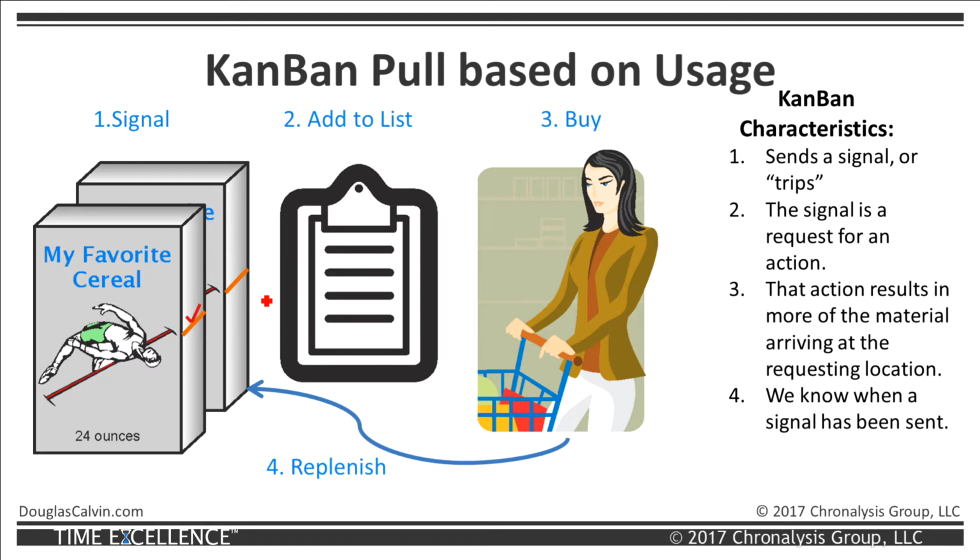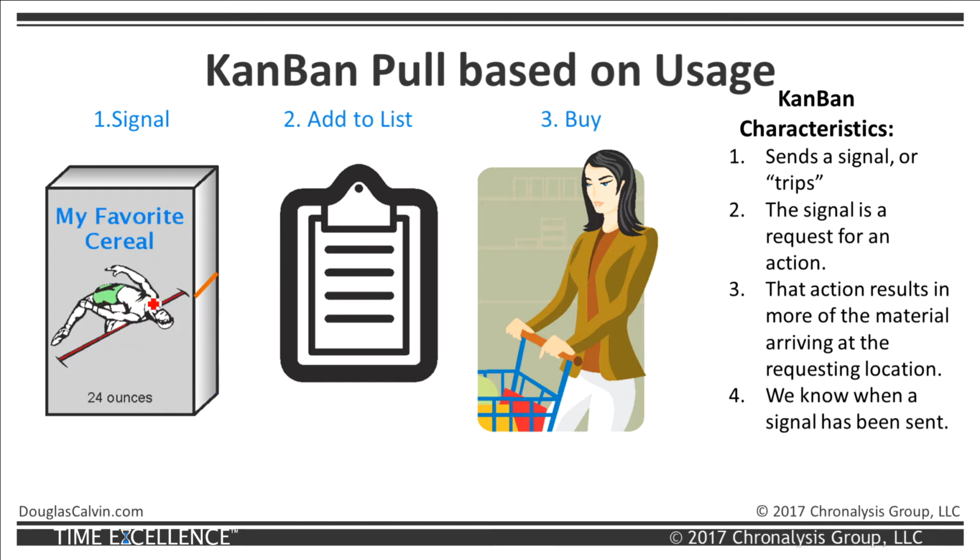That second box is put behind the first, and another line is added for a trip point. As the cereal level goes down, we continue until the box is empty, the second box, we remove it, and we're left with one box starting the process over. And in the middle of that process, we put a check mark on top of that line, which indicated the trip had been sent.